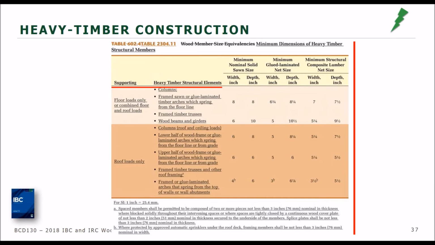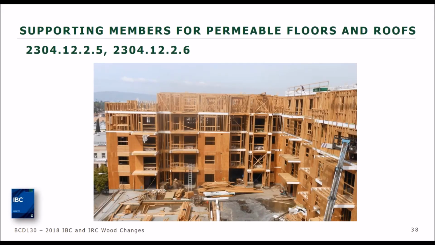Okay, next section. Now we're getting into balconies and decks and/or elevated walking surfaces. There are many areas around the country where there are numerous examples of wood construction with balconies.